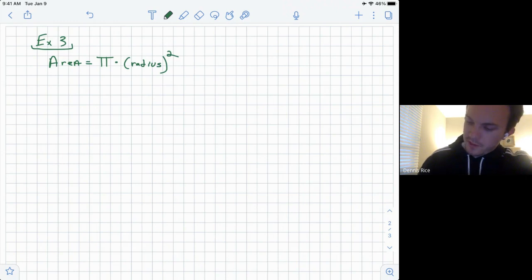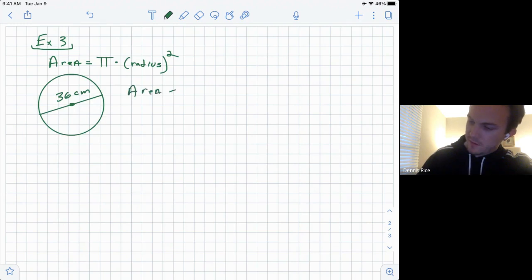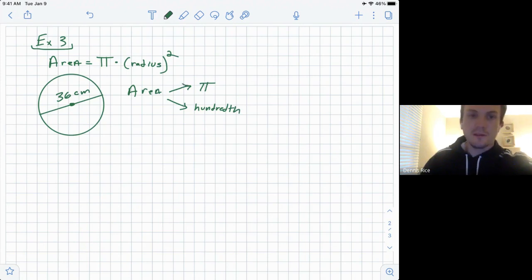So let's say for this circle, got a nice perfect circle. And we know this is 36 centimeters. Let's find the area two ways. Let's find it first in terms of pi, and then to the nearest hundredth. Take a moment.